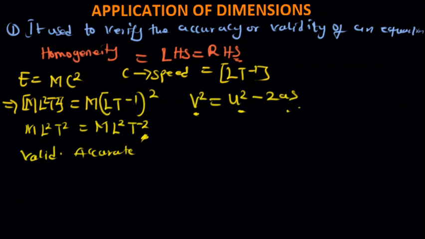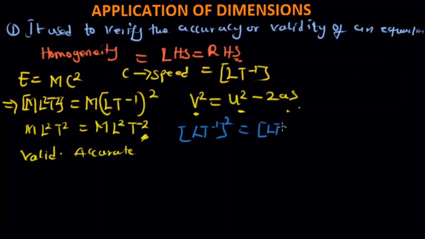So now let's find the dimension for this equation. At the left hand side, the dimension of velocity is LT^-1. And then we have this one too, which is a velocity. But there's a square here, so let's bring it.